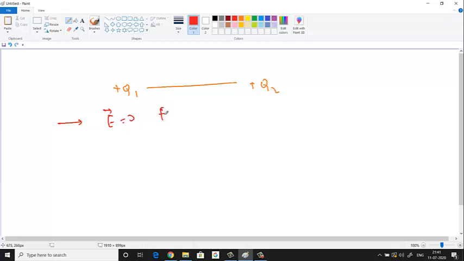for two positive charges, two like charges. Electric field will be 0 for two like charges in between the charges. Between does not mean half. Between means if this is A, this is B, anywhere in between this line, here, here, here, anywhere, it depends.